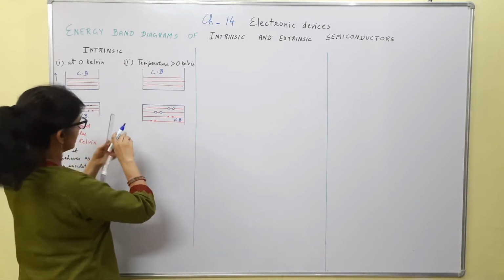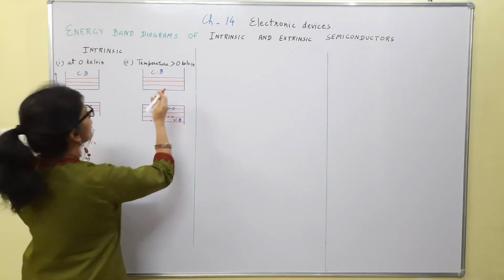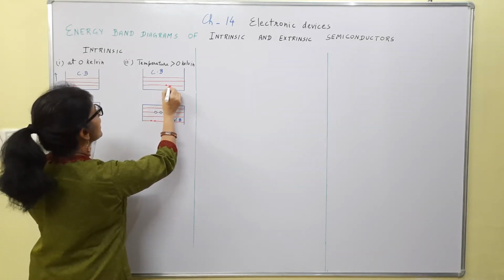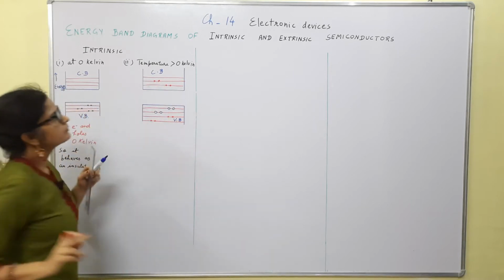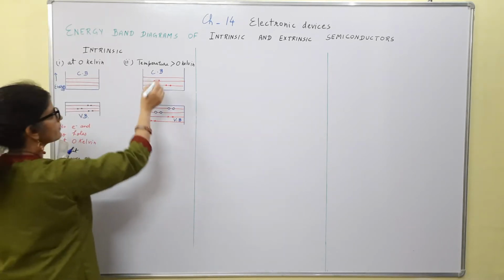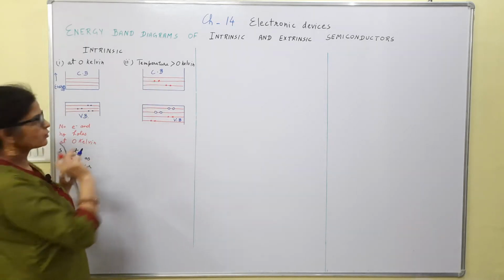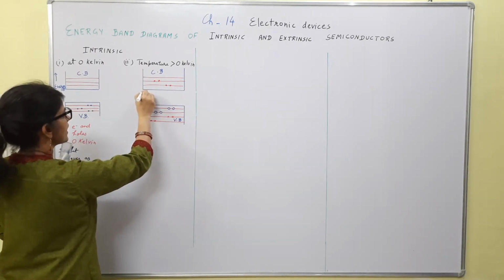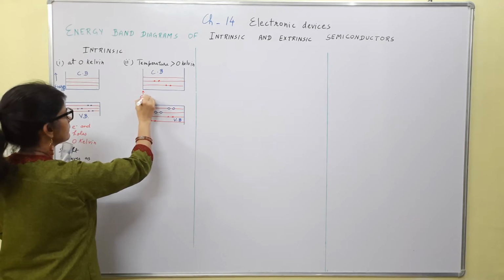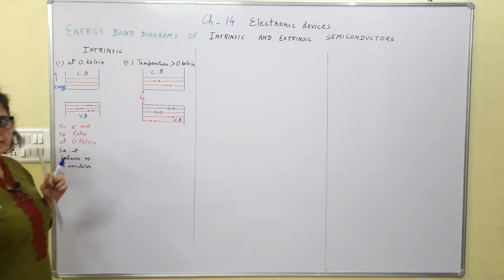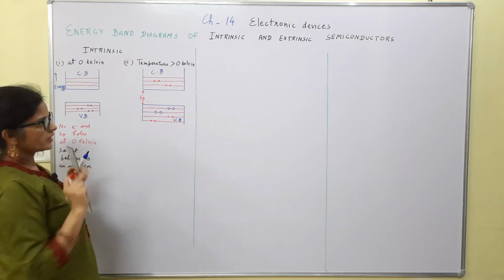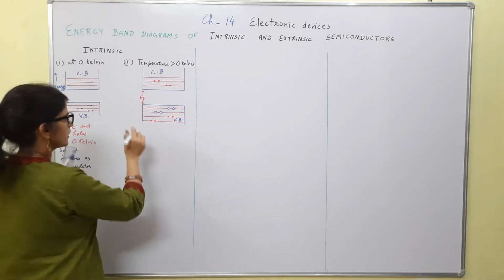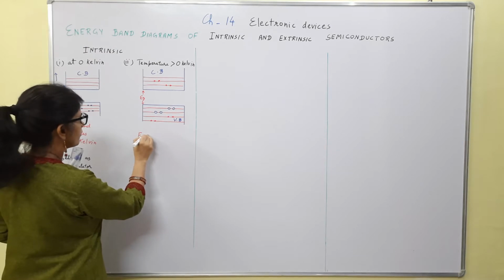So in this case, the electrons have crossed the energy gap and are free in the conduction band to conduct. So this energy gap is less than 3 electron volt in case of semiconductors. For germanium it is 0.72 electron volt.